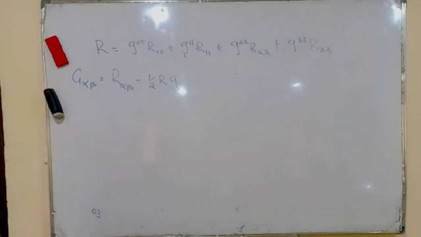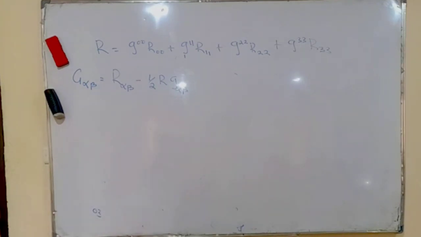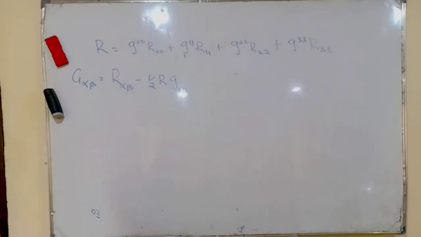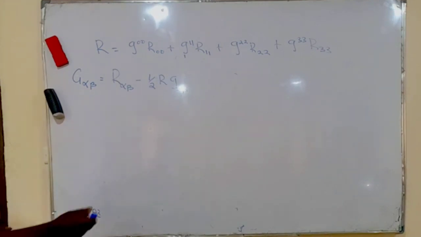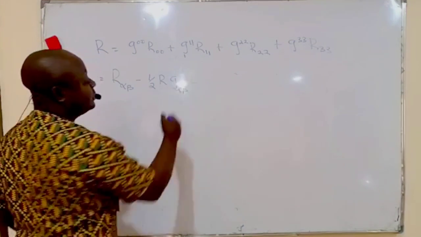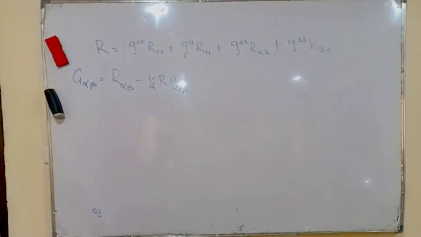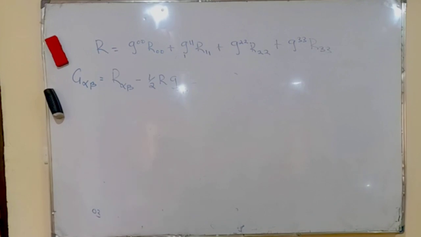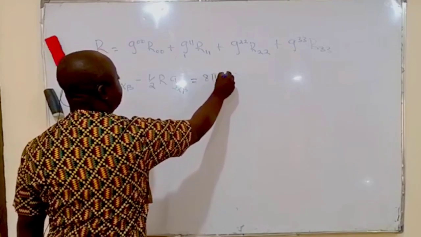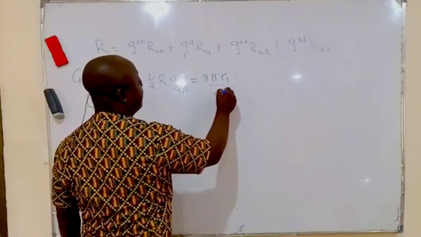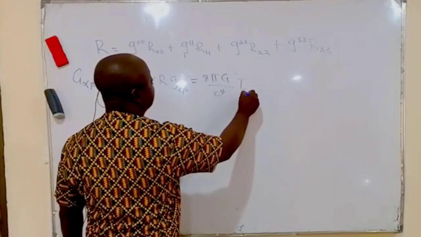Now the right hand side should be equal to 8 pi G over c to the power 4 T alpha beta.